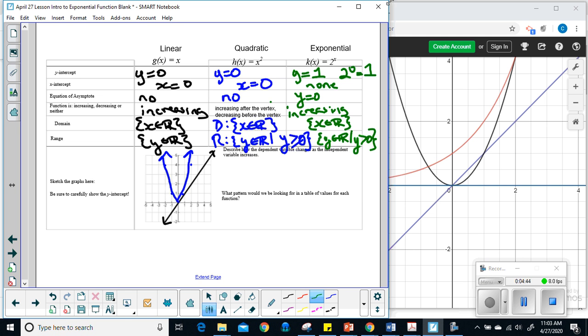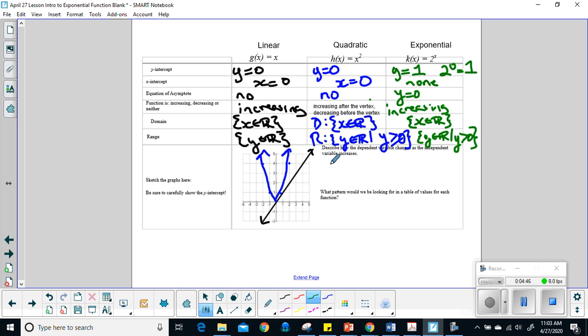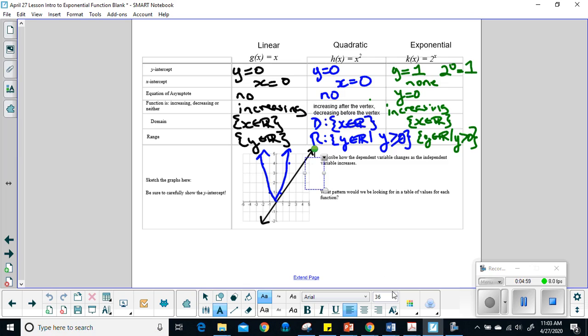So let's talk a little bit more about some of these functions. Describe how the dependent variable changes as the independent variable increases. So that's saying, what does y do as we increase x? So let's talk about that one. So for my linear, y increases at a constant rate, right?